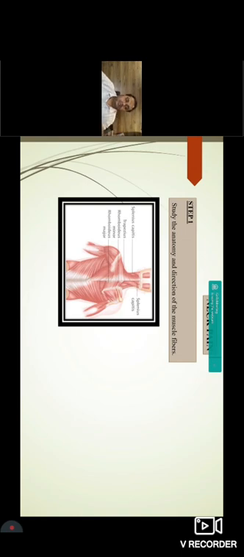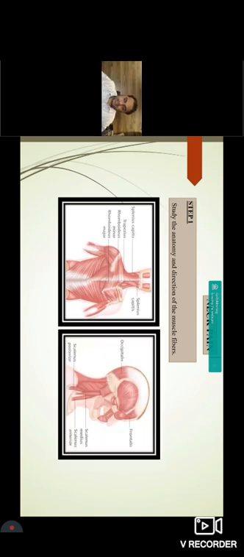You have the rhomboideus minor and rhomboideus major, because it is connected to the upper part of the thorax. Then you have the occipitalis, and you have the posterior, medial, and anterior scalenes, and also the sternocleidomastoid. So these are the muscles that you have to look for, especially when we check for neck pain.